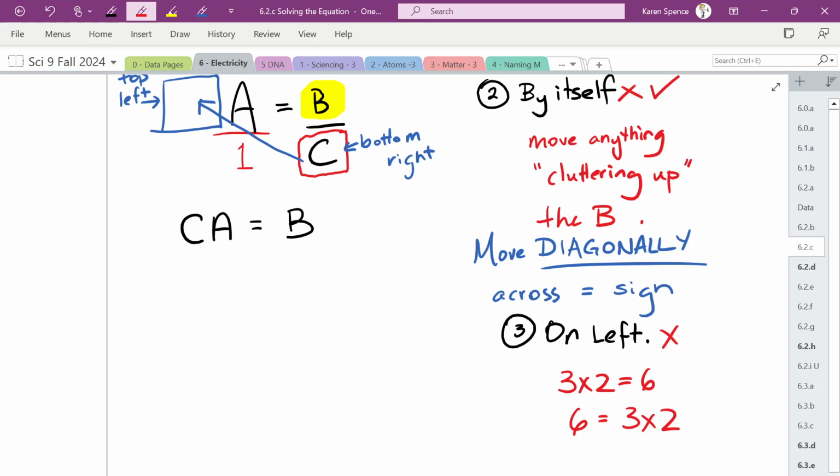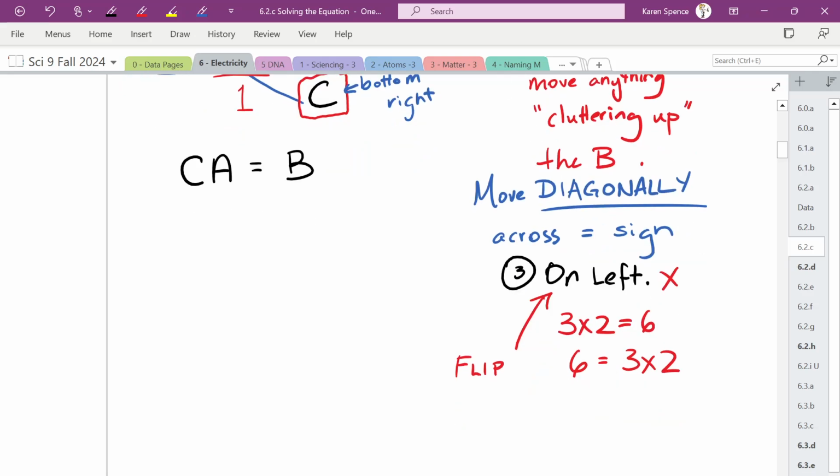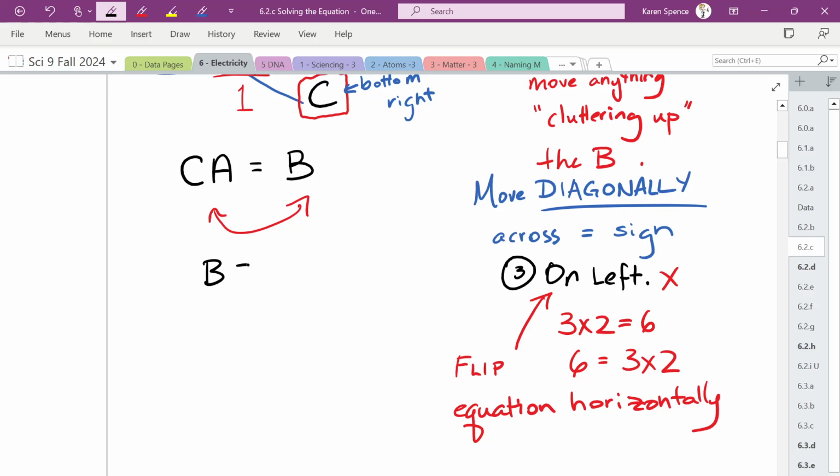I can just take the entire thing and flip it, okay? So if it's not on the left, you can flip the entire equation horizontally. So we're going to whoop, whoop. Okay? So we'll end up with B is equal to C times A.